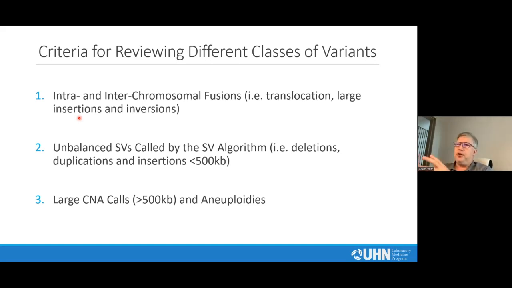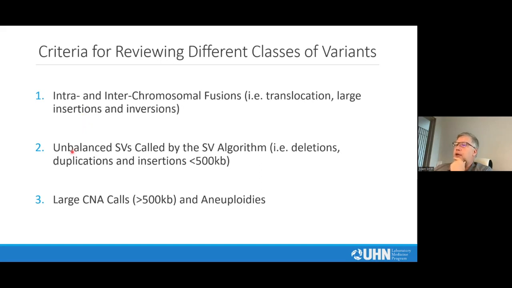Below that level, you can still get a call for an insertion, but it'll be "insertion ?". That just means that there aren't enough labels, or it's not big enough for the software to be able to map it back to where it comes from. So you will see those two different types.